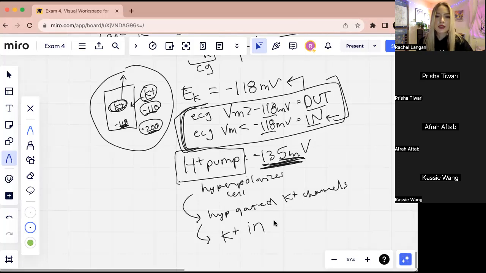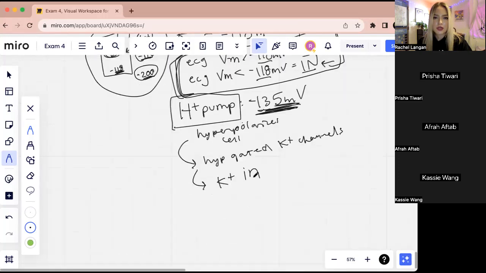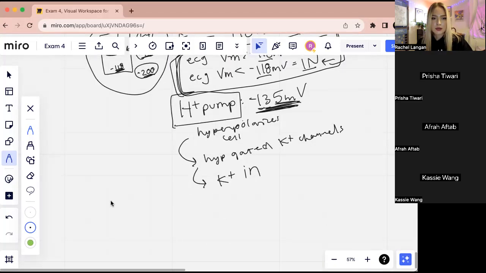Okay, so now let's think about what would happen under non-normal conditions. So let's say that potassium concentration in the soil is super low.